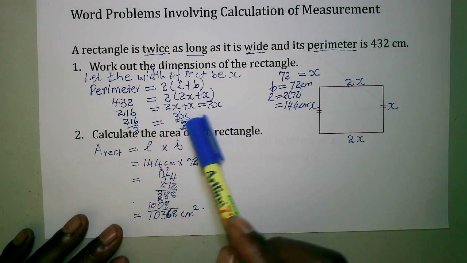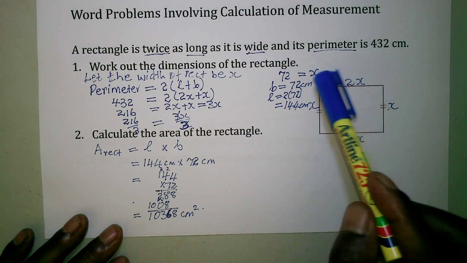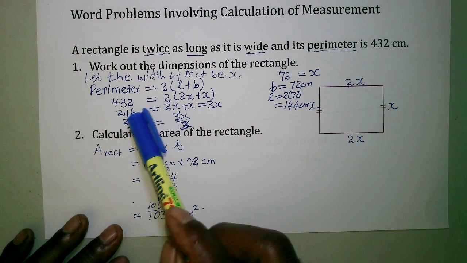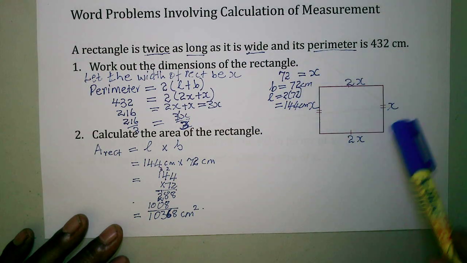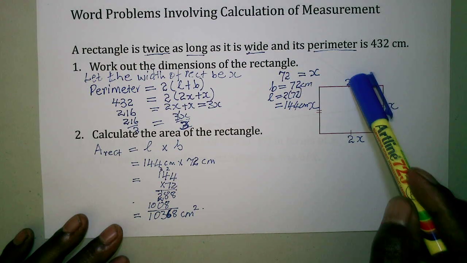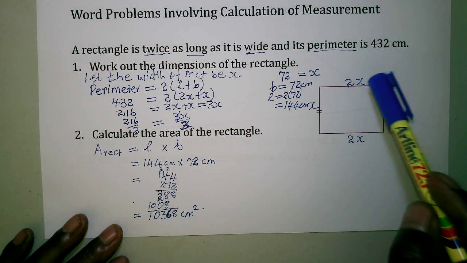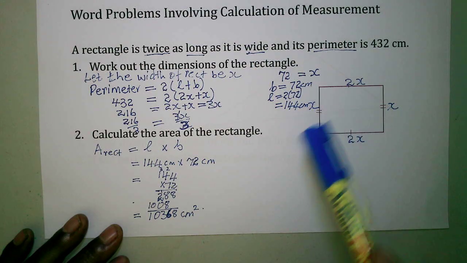And we divide both sides by 3 so that we leave x alone on the right hand side. And 216 divided by 3 gives us 72. So our width is 72. Now the length is twice the width, which is 144 centimeters.